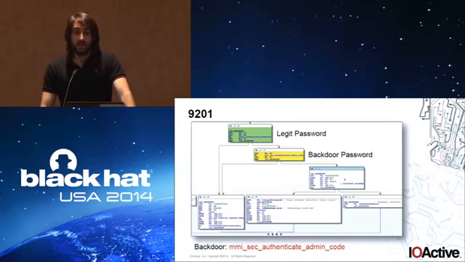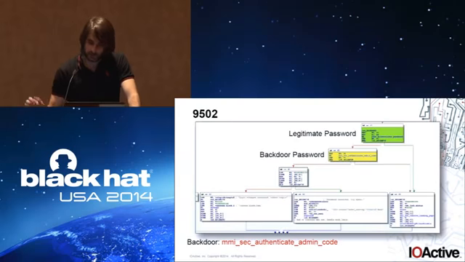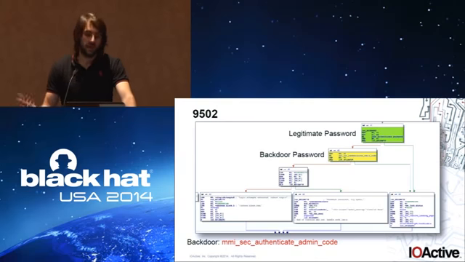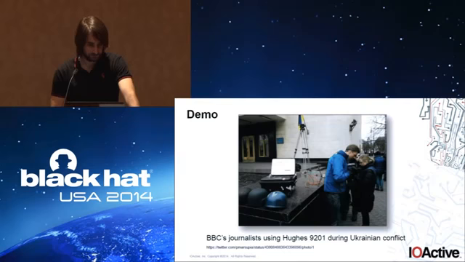Again, if we analyze the authentication for that feature, we find a feature pretty similar to the other one. You have a legitimate password, and then if you fail, you have a backdoor password. If we look at the function, they are also deriving the backdoor password from the IMEI, with several modifications from the previous algorithm, but it's pretty much the same.